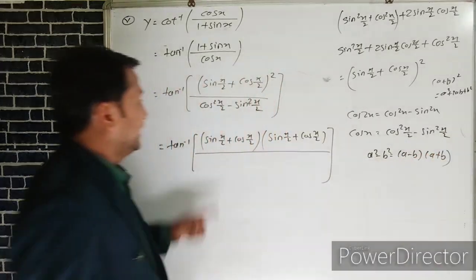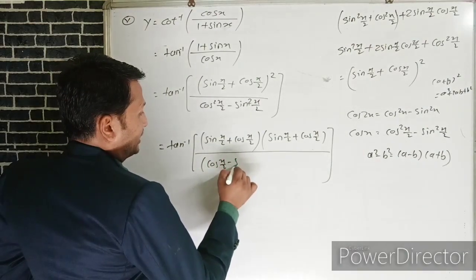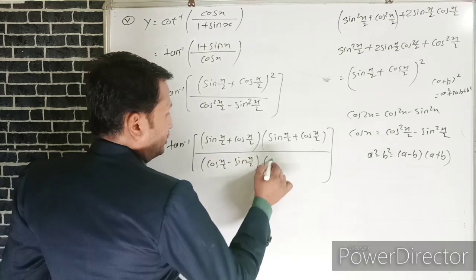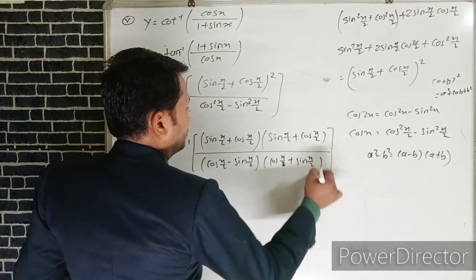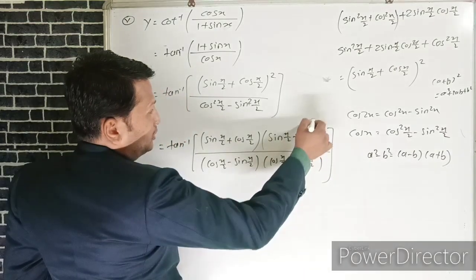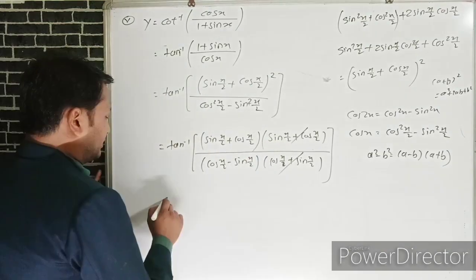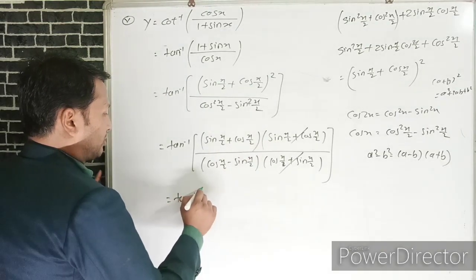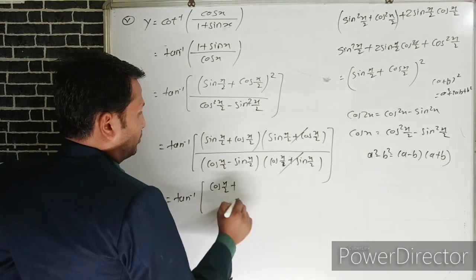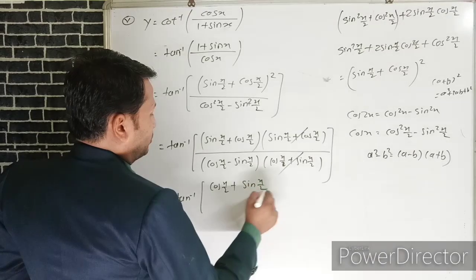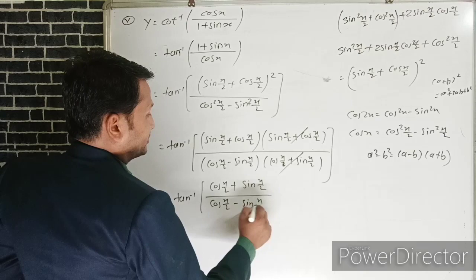Hence we write cos of x by 2 minus sin of x by 2 into cos of x by 2 plus sin of x by 2. These two brackets are equal, hence we can cancel them. Then we can write tan inverse of cos of x by 2 plus sin of x by 2 upon cos of x by 2 minus sin of x by 2.